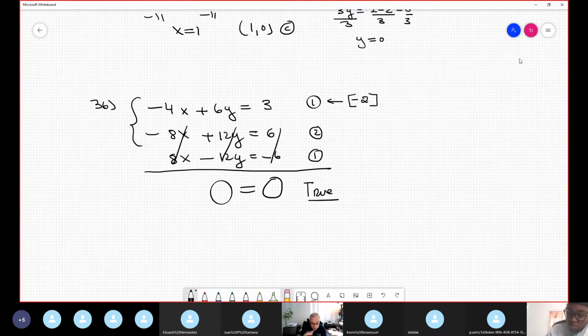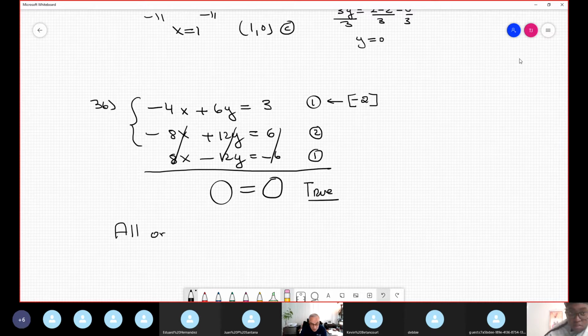In other words, equations 1 and 2 represent the same line. Therefore, we have a solution, yes, but we have infinitely many solutions, because any point on this line is a solution. So we select option C, all the pairs along the line.